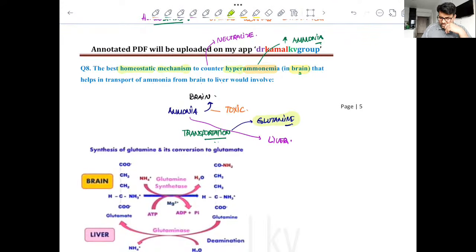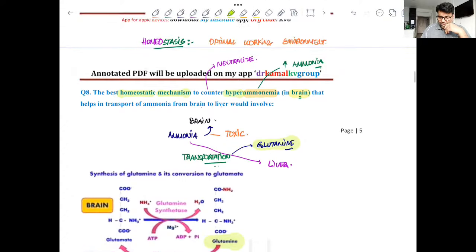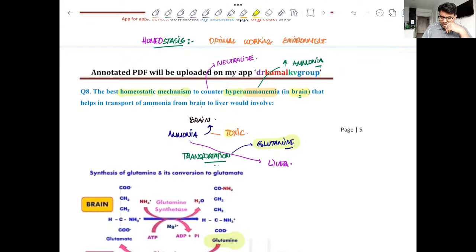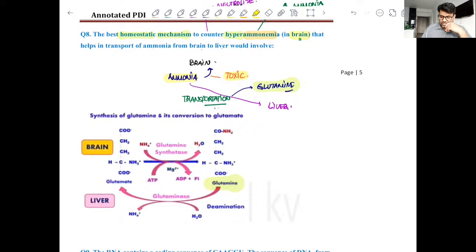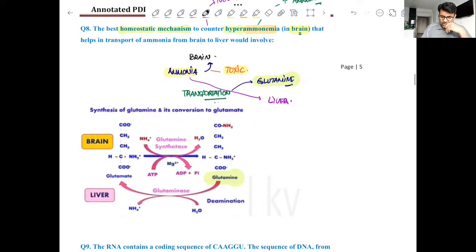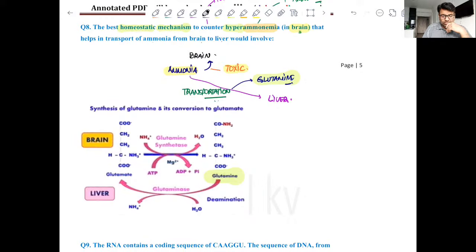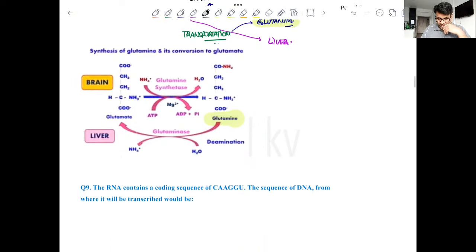So glutamine here is very important because it removes the toxic ammonia from the brain. It transports it to liver, where it can be converted into least toxic substances like urea. Clear? So this is very important for ammonia excretion or ammonia detoxification, you can say.